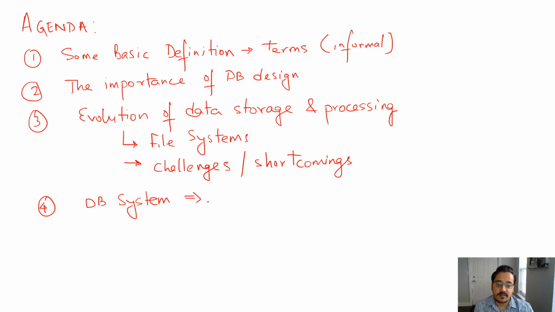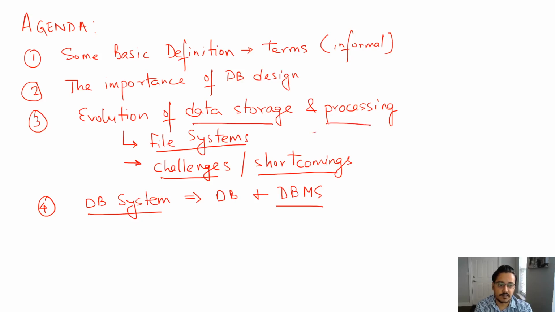And a database system is basically composed of databases plus database management systems. So we are going to learn what the different components of a database system are and what the benefits and functionality of the DBMS are that help us address the challenges and shortcomings that were present in the file systems with respect to data storage and processing.